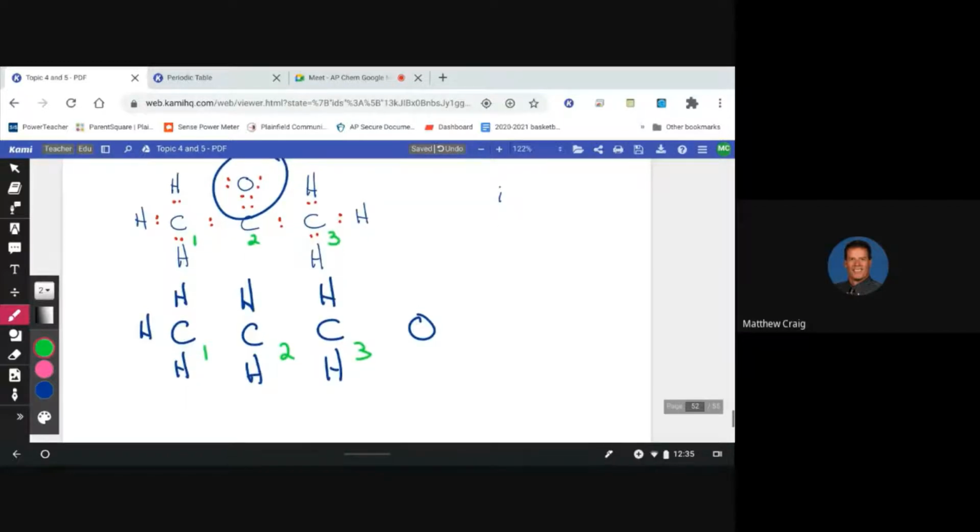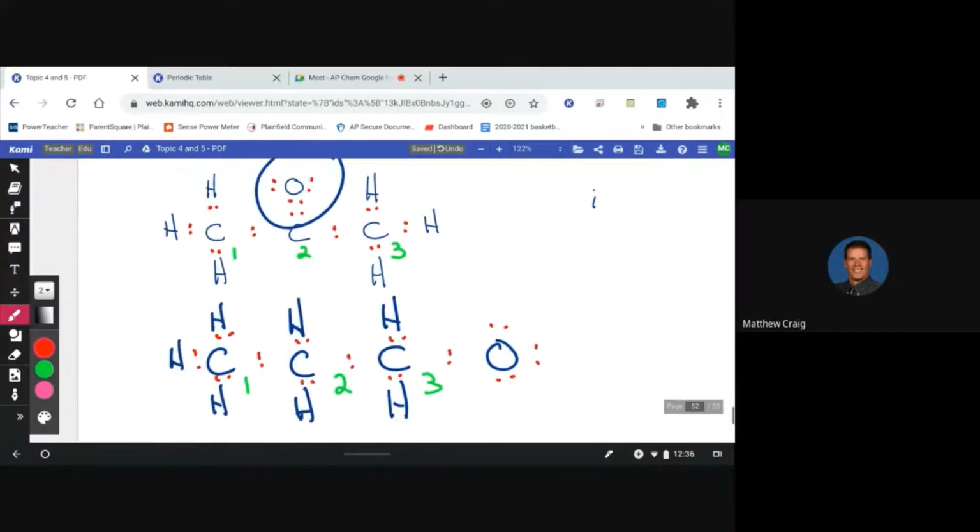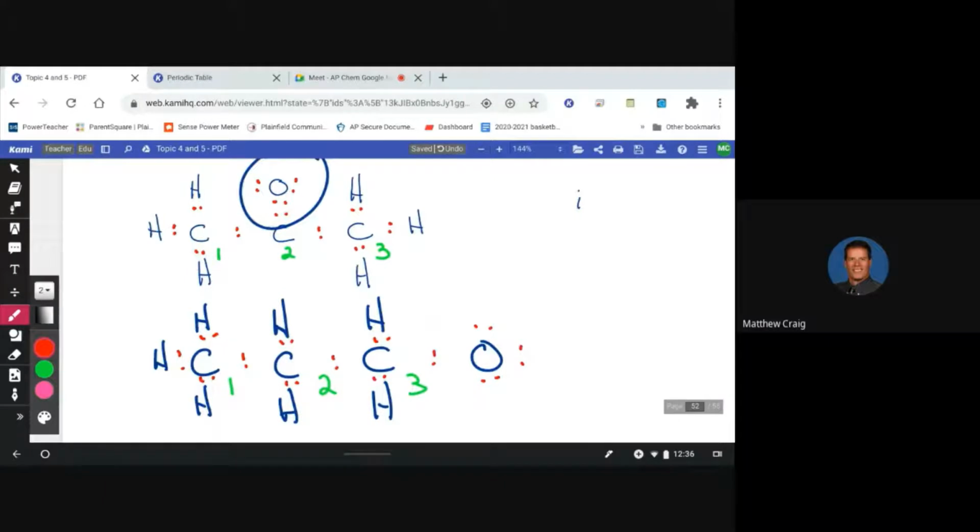So an isomer, if we were to draw this correctly, hydrogen, I have 6 on the top. Oh, that's right, because I do have too many bonds here.